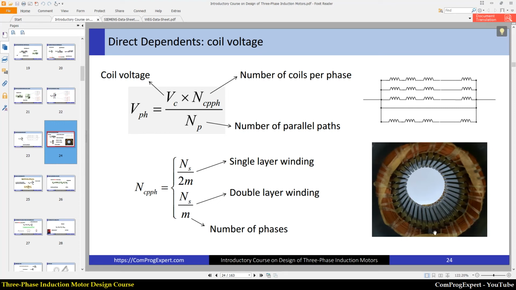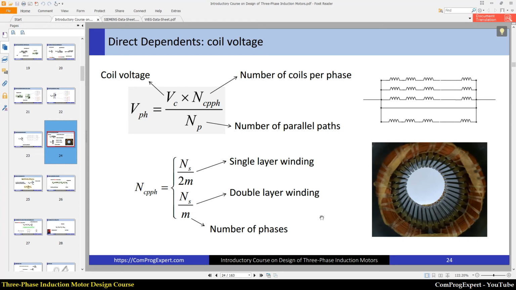You can see the winding of the Siemens motor. This is a concentrated single layer winding, right? The number of stator slots is equal to 36. So 36 divided by 2 times 3 is equal to 6.